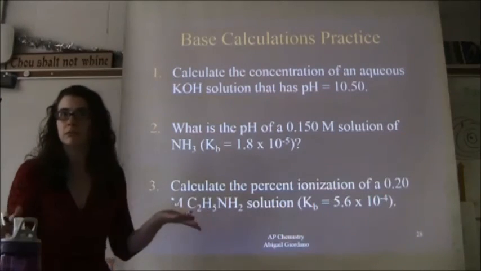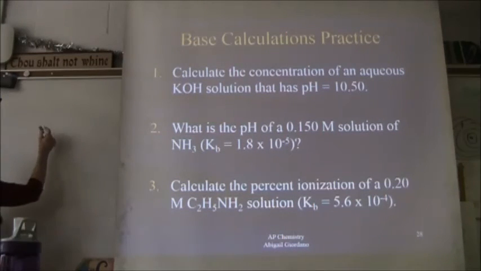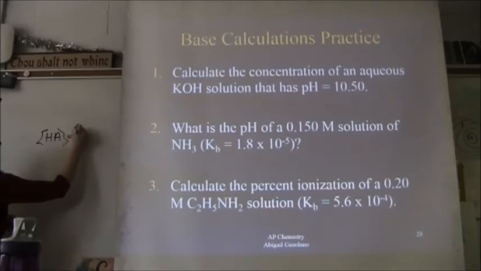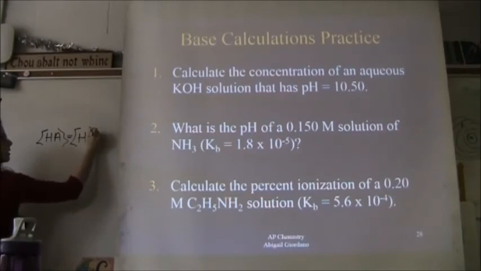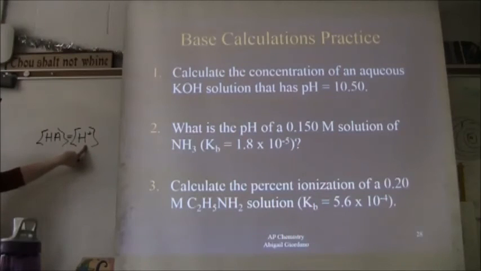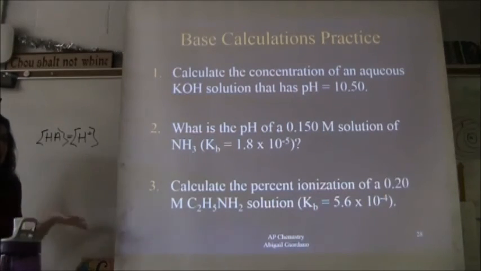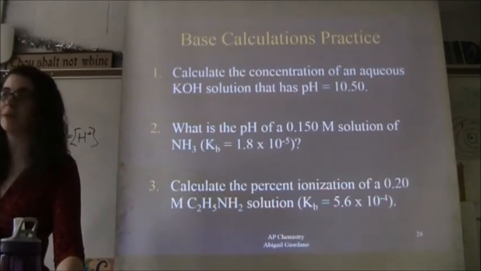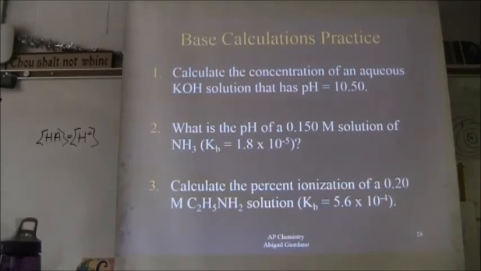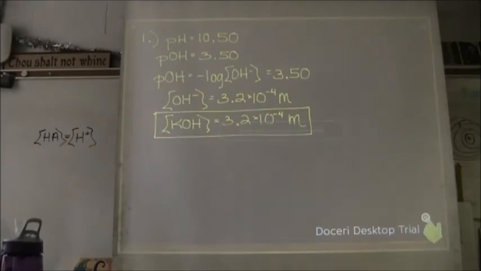Do you agree? Because whatever the concentration of my acid was, the H plus concentration was equal to that, and we could jump right to calculating a pH right away. Do you think the same thing holds true for strong bases? Yes. You don't need an ice table for a strong base question. Do these, please.